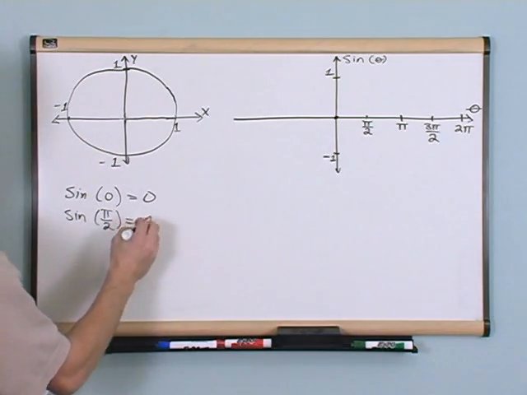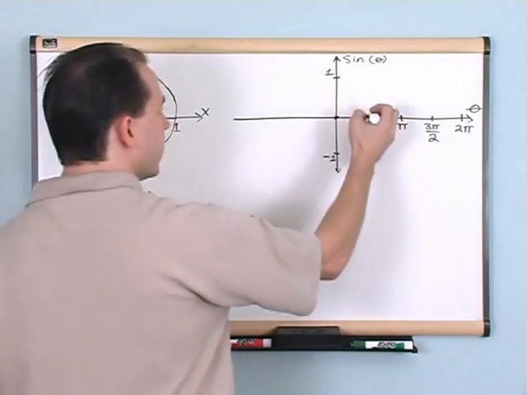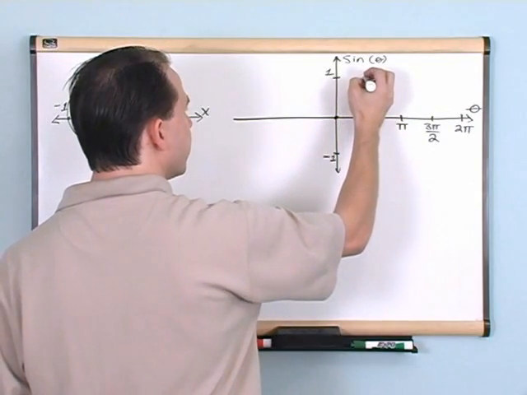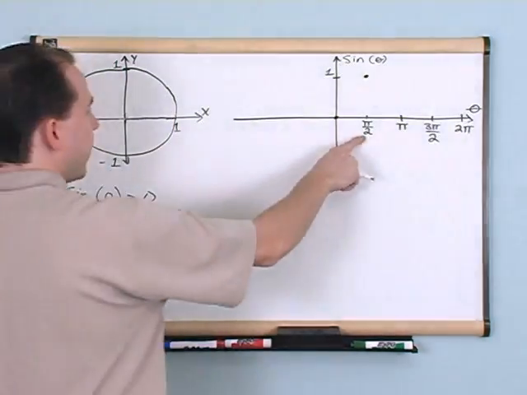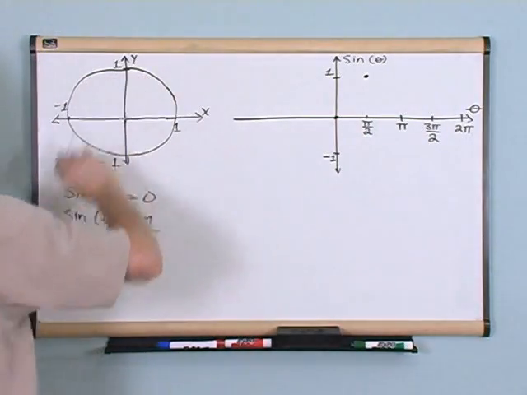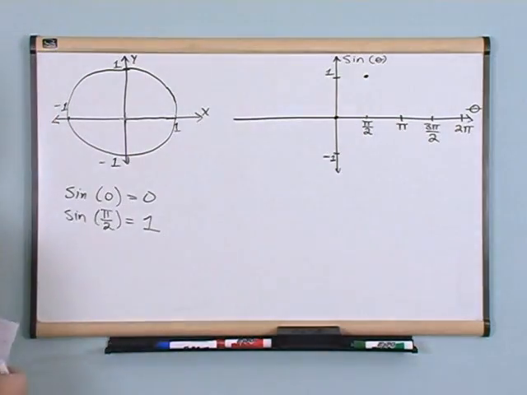The sine of pi over 2, as we learned before, is equal to 1. So at pi over 2, I'm going to put a dot right here, because the sine of pi over 2 is just equal to 1.